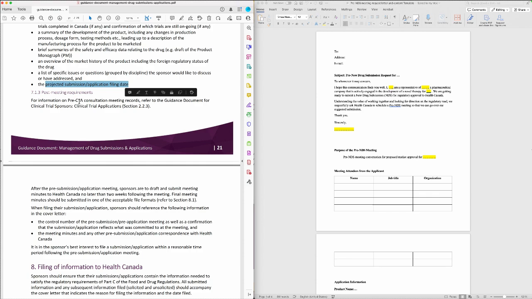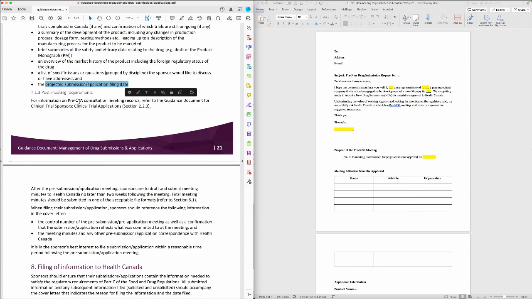This is just by keeping, for example, the emails received from Health Canada. And when you are going to submit your new drug submission, you also have a section in the CTD structure in Module 1 where we have to add all of the documents that we have related to any type of correspondence that your pharmaceutical company had with Health Canada before the submission of the new drug submission.